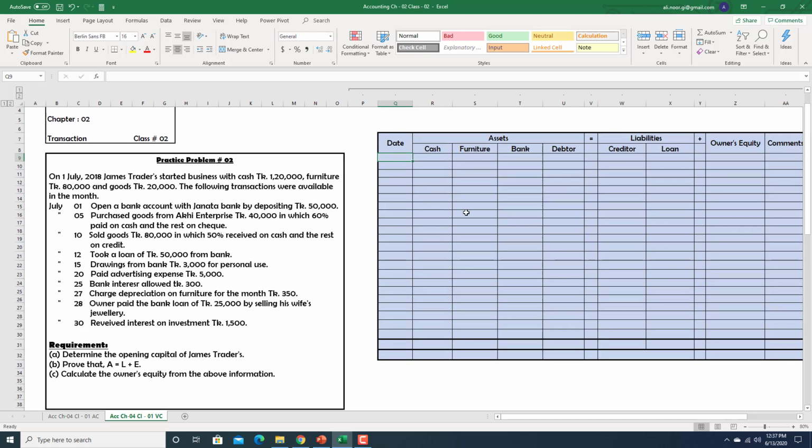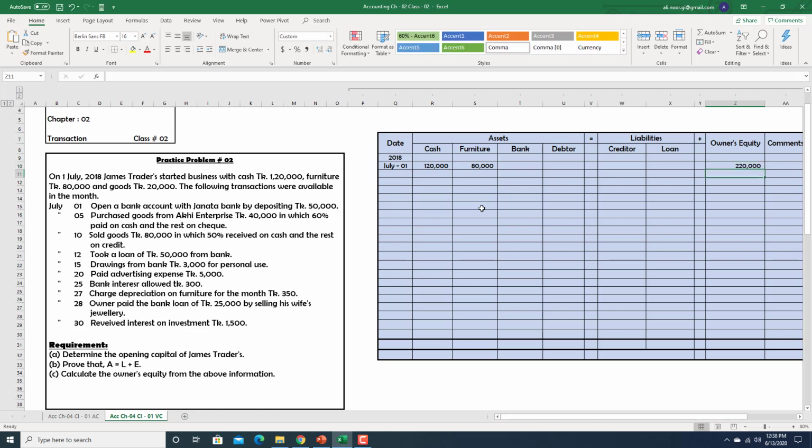Okay, date 2018, and July 1. Here cash account debit, so 1,20,000 in cash. Furniture 80,000, so put 80,000 into furniture account, and we have total capital of 2,20,000.